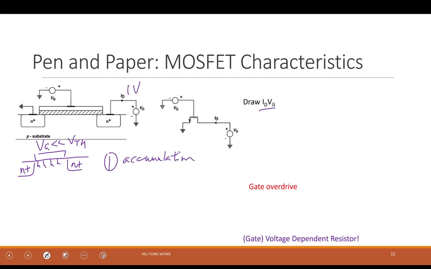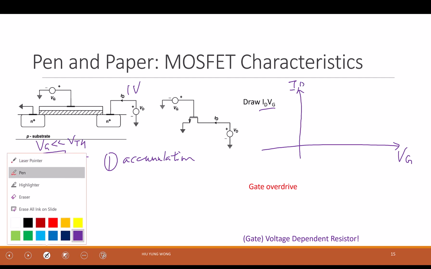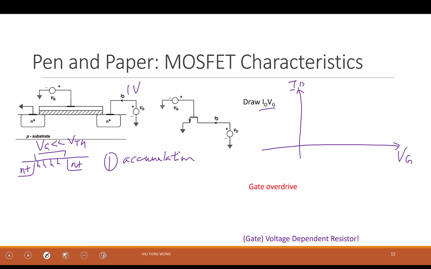Okay, so I want to plot it. I want to see what it looks like. I keep increasing VG, and I measure the ID. What do I get? Flat, okay? Zero current, because I equals 0, okay?